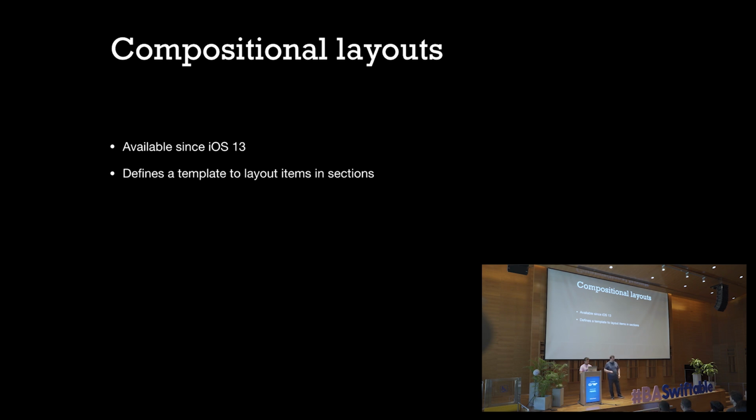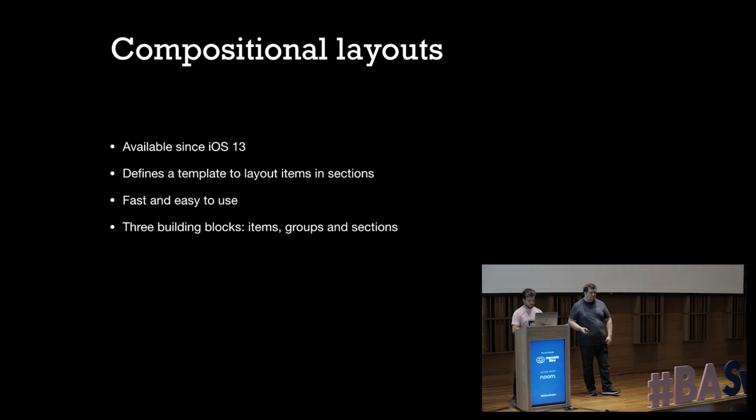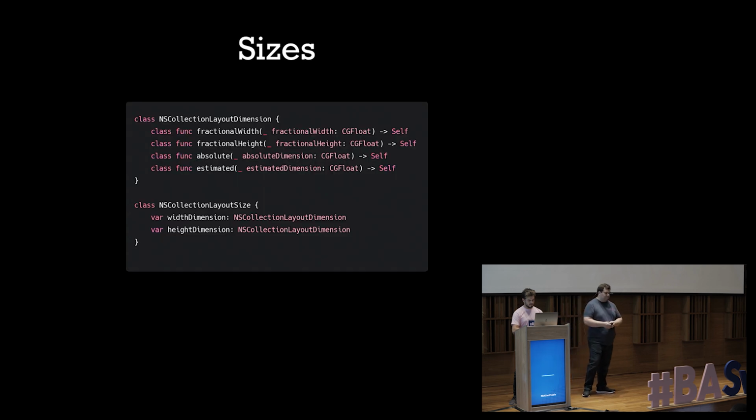It will follow the template. It's super fast and easy to use, and we don't have to worry about caching elements or performance considerations. It's actually amazing. And there are three main building blocks in the compositional layout. We have items, groups, and sections.